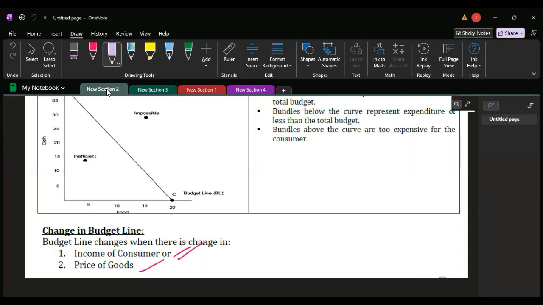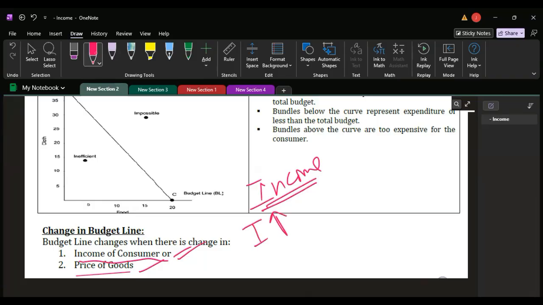So these are the two types of changes that we have studied today. First one is change in income of the consumer, and second one is price of the goods. In case of income change, if income has increased, the consumer has more purchasing power and he will consume more quantity of both products.